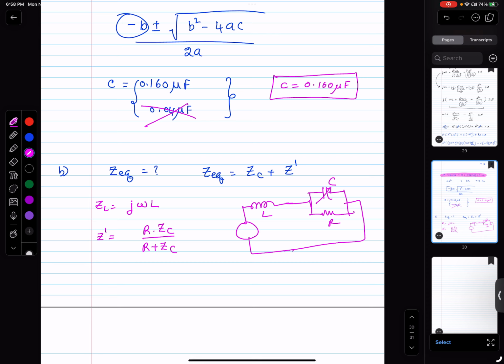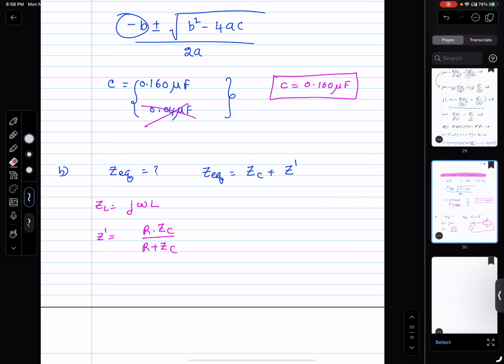Now, you know all the variables here. You know the value of omega, the value of L, and the value of R. What is ZC?